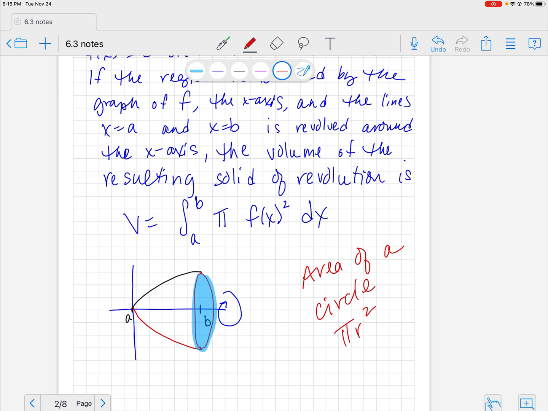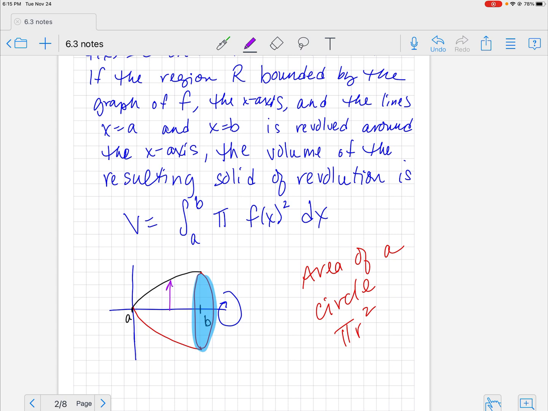So if it's pi r squared, what just happened? Pi, and this is squared? We're using previous information in this current lesson? Well, of course we are, right?